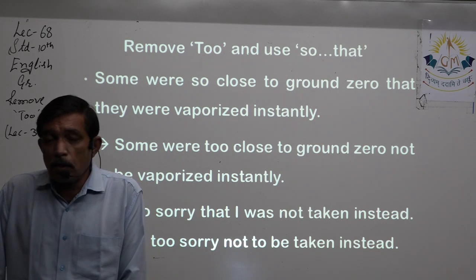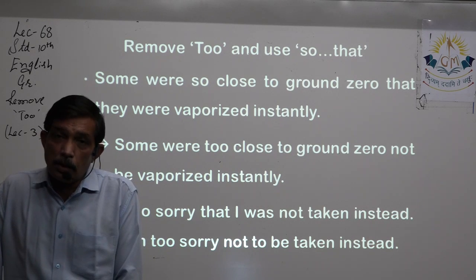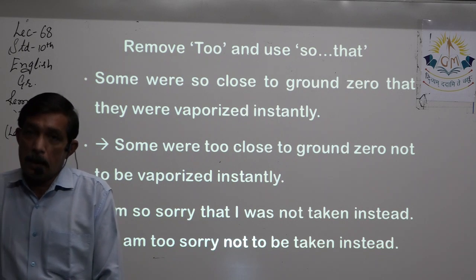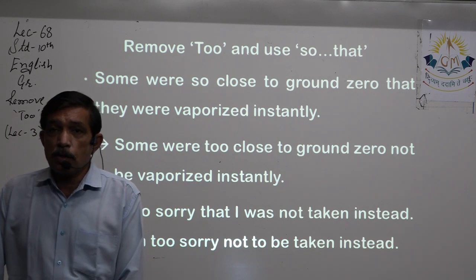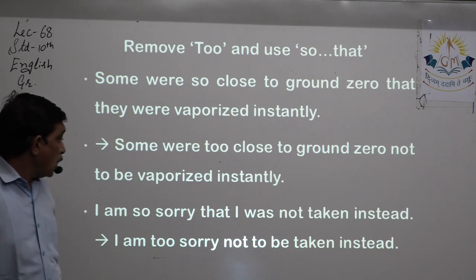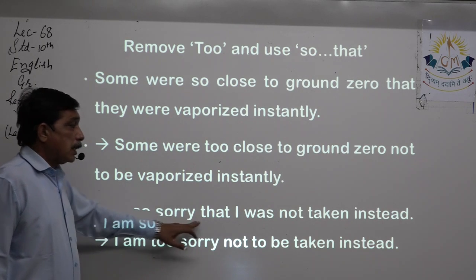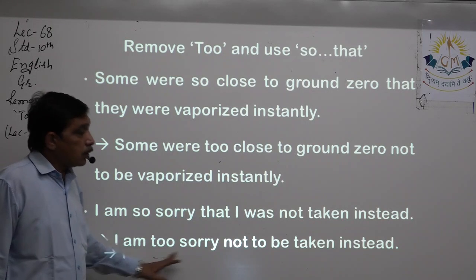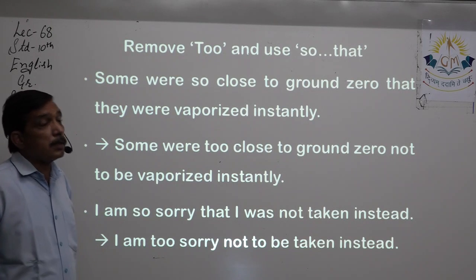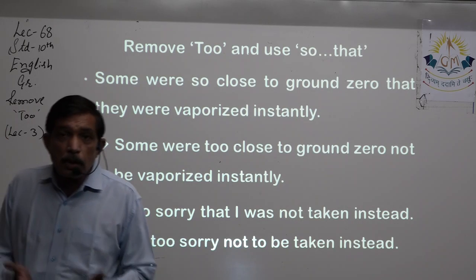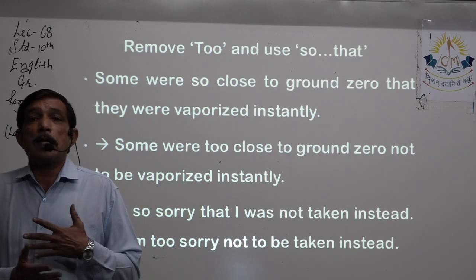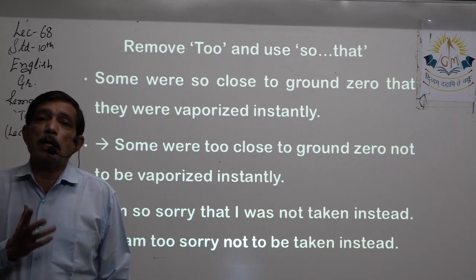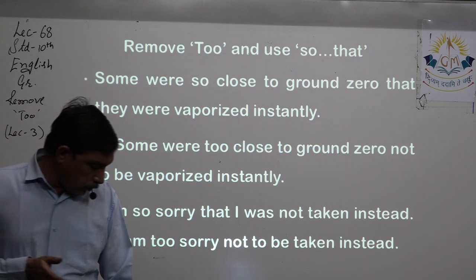For that reason, because we do not have any word to make an antonym, we have to keep negation as it is. This is an example to show you that "so" and "that" and negation are there. When we turn it into "to", then also negation will remain as it is, because we do not have any antonym to neutralize the effect of removing the negation. So we keep the negation as it is.